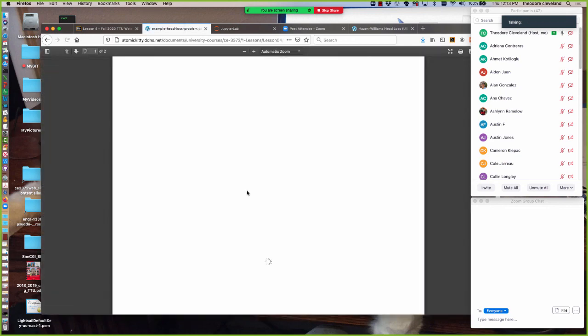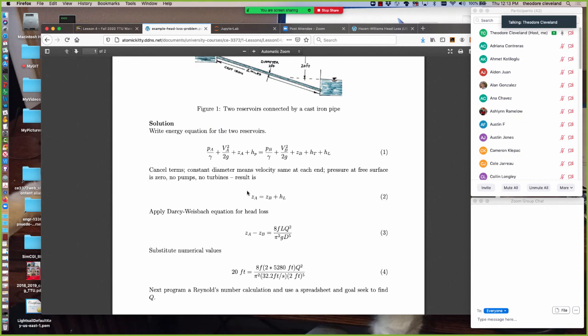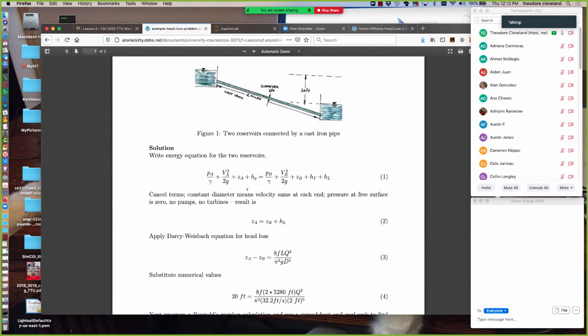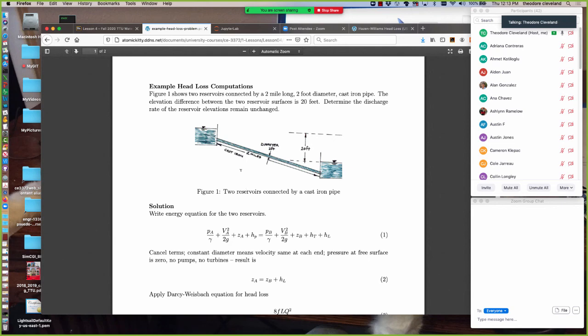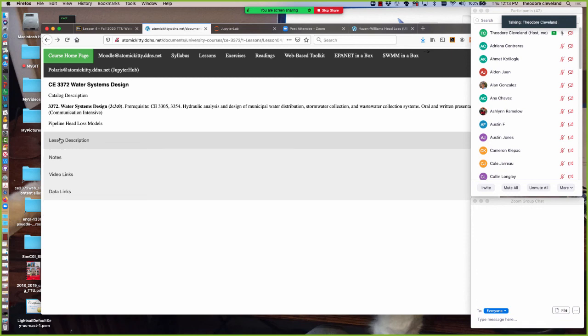So there's the 2 reservoir problem that I did while talking to y'all. And actually this goes through part of the gory details involved. I believe we have what we need for head loss models. So that constitutes the review.